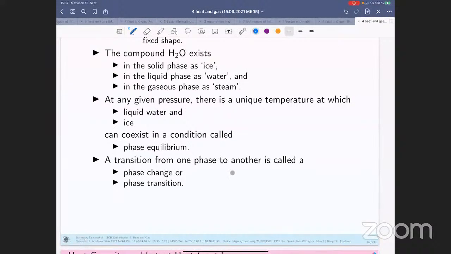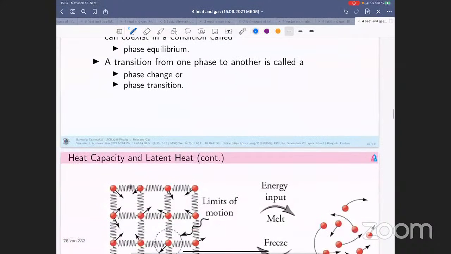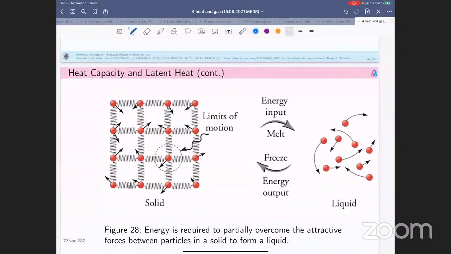A transition from one phase to another is called a phase change or phase transition, but we will have more specific names for that, depending on which phase goes to which phase. I'm not the person who assigned the words. We will talk about the common names for those processes.